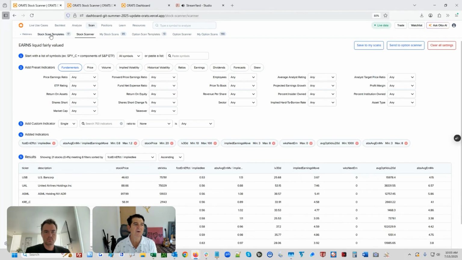So there are templates that we provide for stock scans. And one of the templates is this earnings liquid fairly valued. So what this is saying is, I want to find stocks with earnings coming up that are liquid, and that are not crazy overvalued or crazy undervalued, just something to get a list of stocks into the option scanner, so I can see if there are any trades in the option scanner that match what I'm looking for.